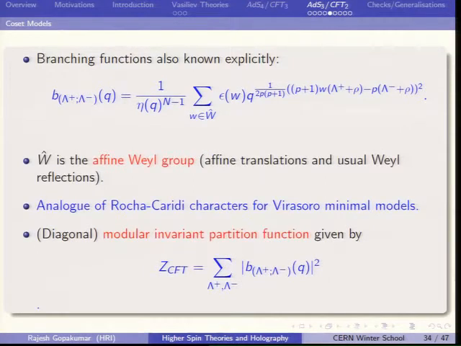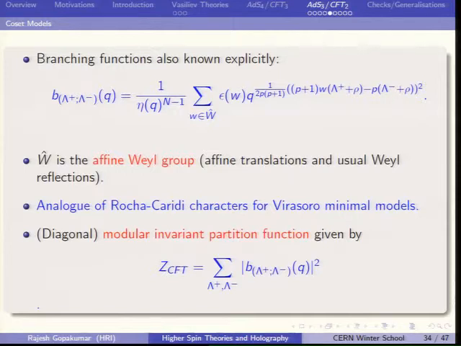Okay, maybe I'll just state it quickly. The CFT partition function is the sum of contributions from each of these primaries with mod square of a particular object, the so-called branching function, which is known very explicitly. This is the Dedekind eta function, and basically this is a sum over the affine Weyl group.